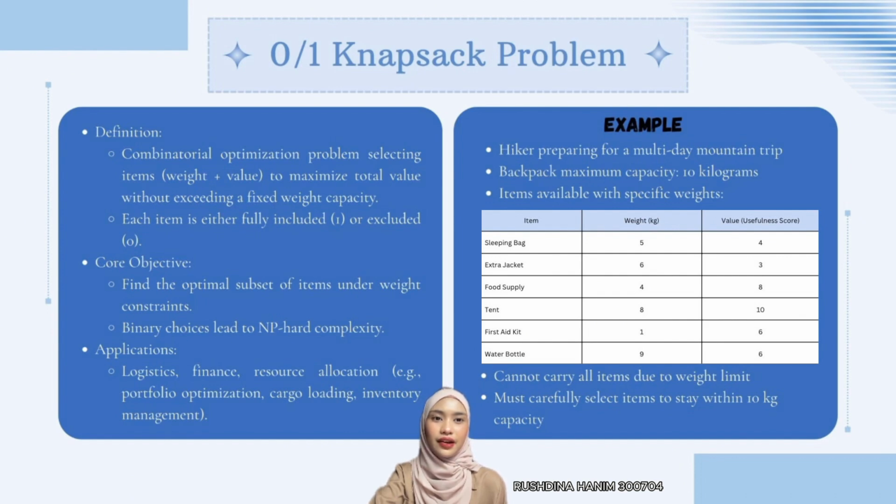The hiker can't carry everything, so the goal is to select the best combination of items that provides the most benefit while staying within the weight limit. This example helps us clearly understand how value versus constraint decisions form the core of the 0-1 knapsack problem.